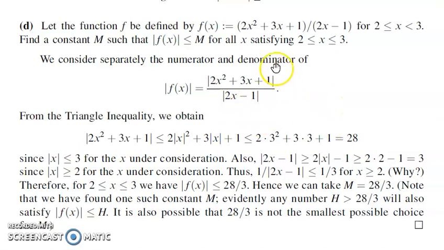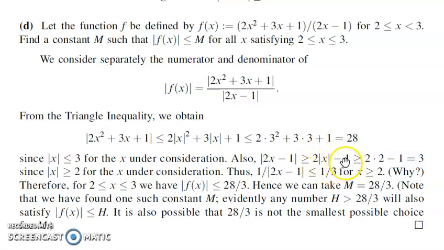Then only 1 by modulus of 2x minus 1 is less than 1 by q. Okay. So modulus of 2x minus 1, here it is of the form modulus of a minus b, which should be greater than or equal to modulus of a minus modulus of b. Here that is modulus of 2x, which can be simplified into 2 into modulus of x, minus modulus of b, which is modulus of 1, which is 1.